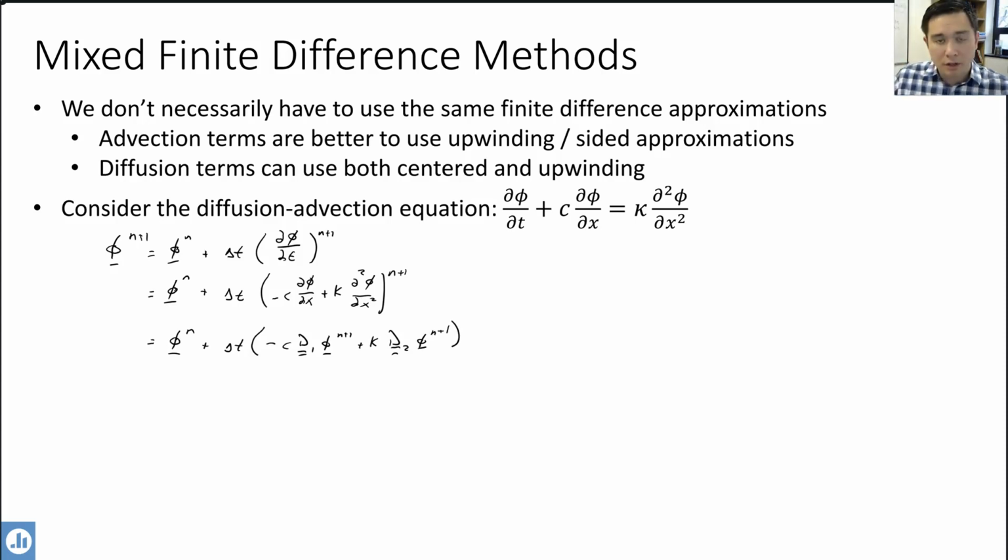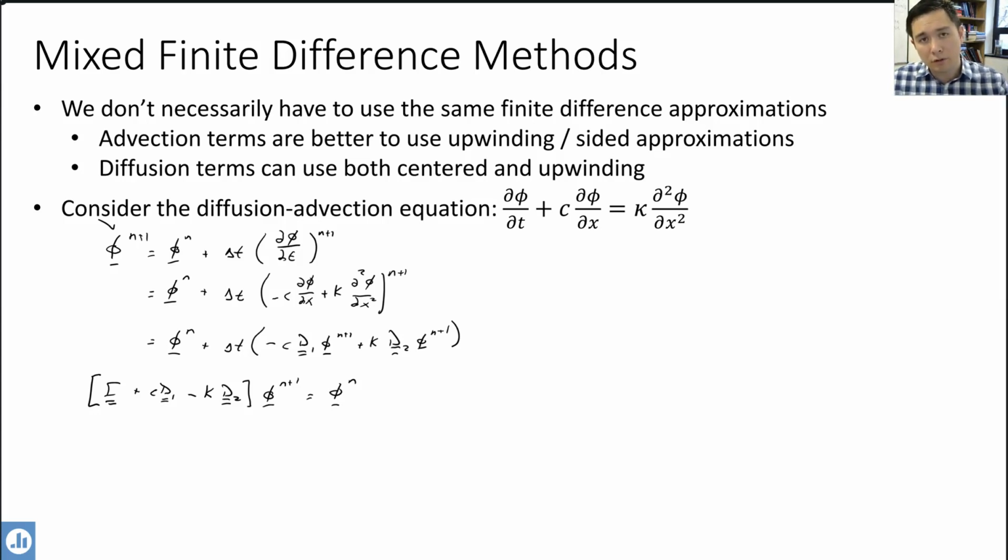And then we could rearrange if we wanted to, and we could get something to the effect of our identity matrix, which comes from our phi n plus 1 sitting on the left-hand side by itself, plus c D1, where we would make sure that the D1 matrix was generated using a backward approximation, minus kappa times D2, times our phi n plus 1, is equal to our phi n vector. So that's a matrix representation of this.